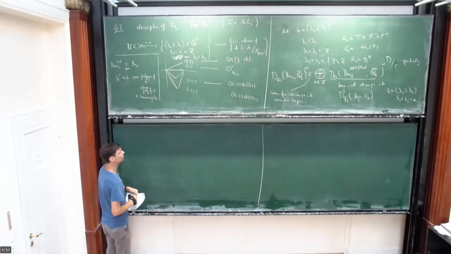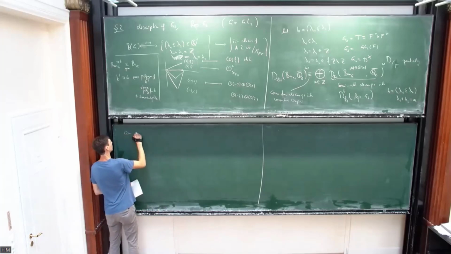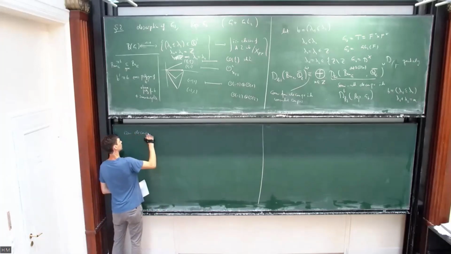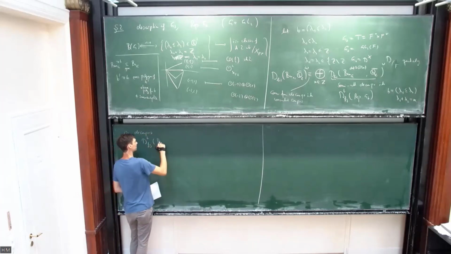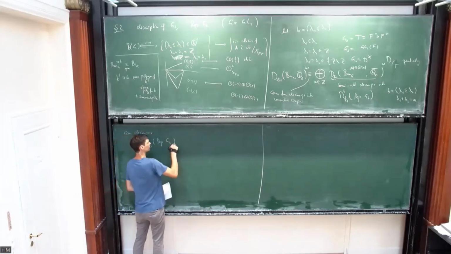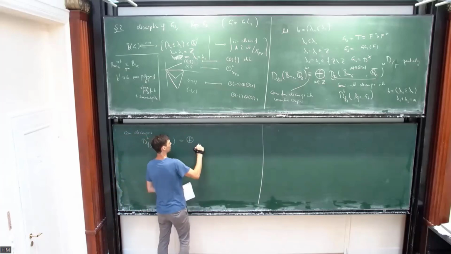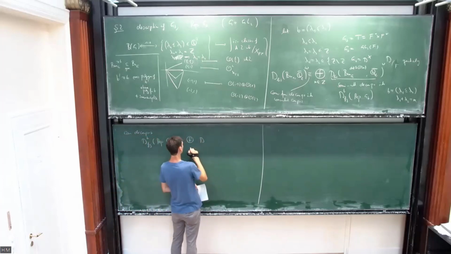Okay. So we can decompose the category of G_B as a direct sum over all Bernstein blocks.